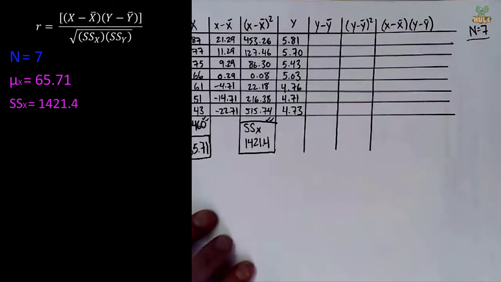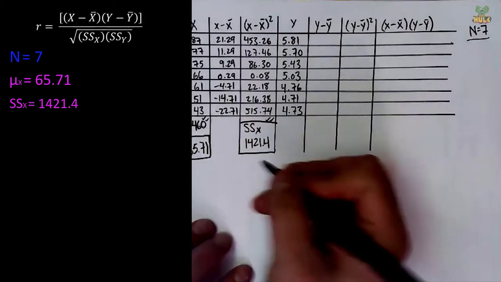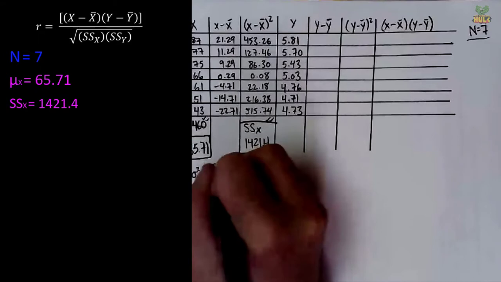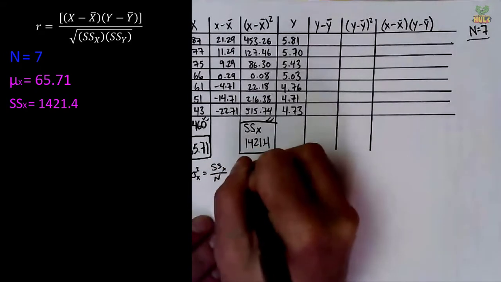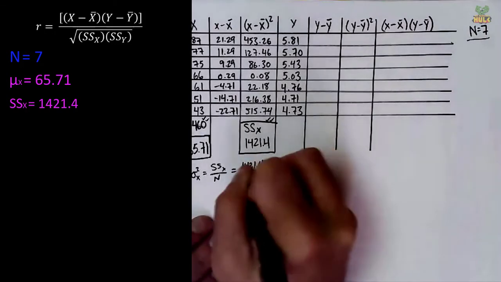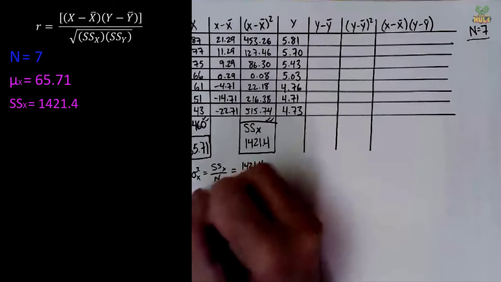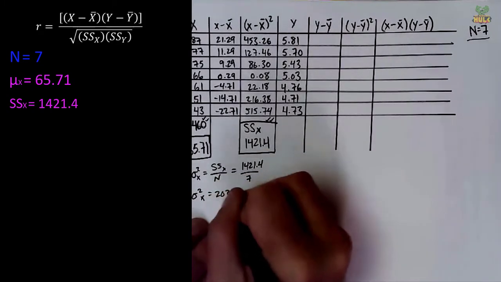Okay. Now we can go ahead and figure out standard deviation and variance of x really quickly because we're going to need that later anyway. Remember, variance of x is equal to sum of squares x over n, which is equal to 1421.4 over 7. And so the variance of x is equal to 203.06.